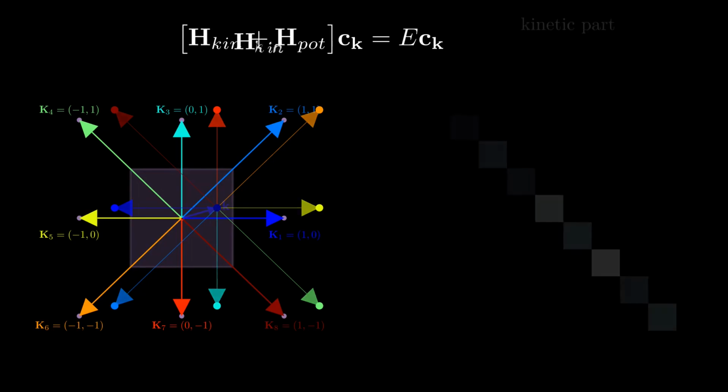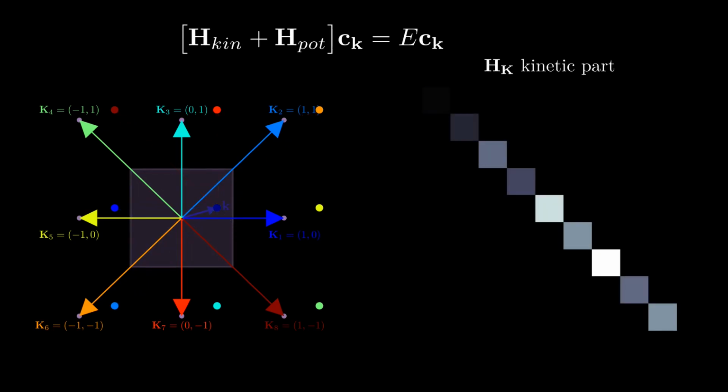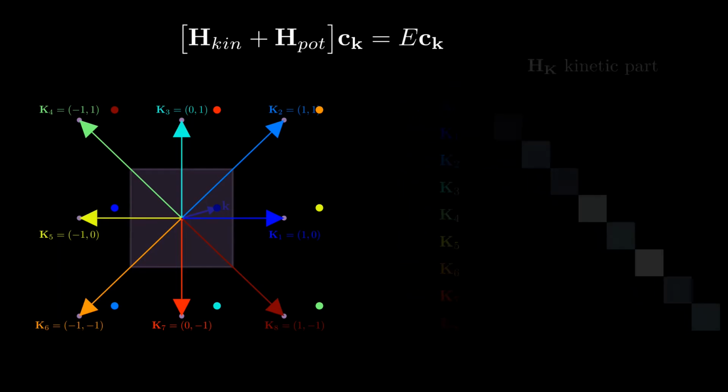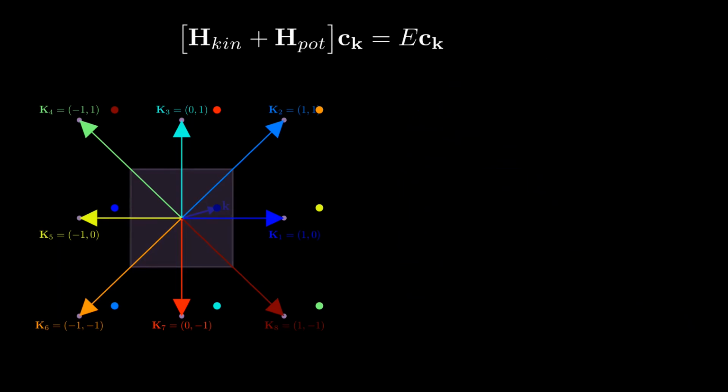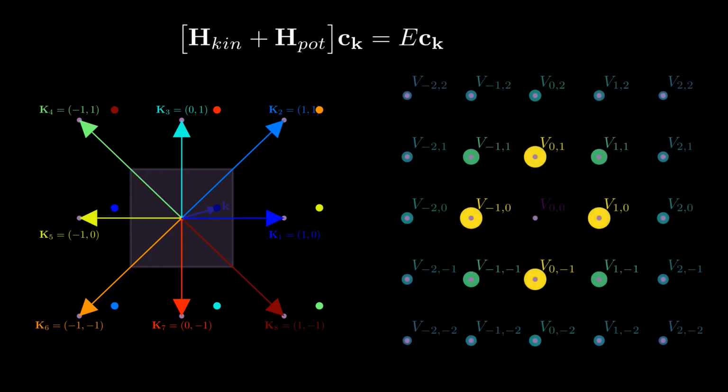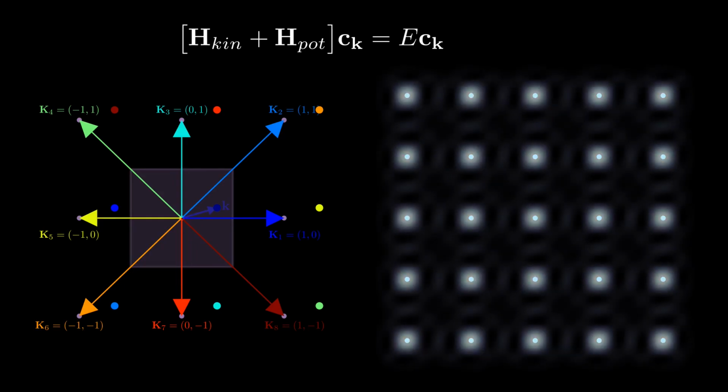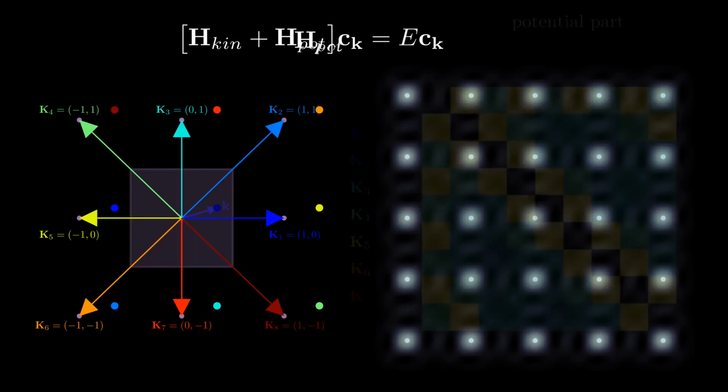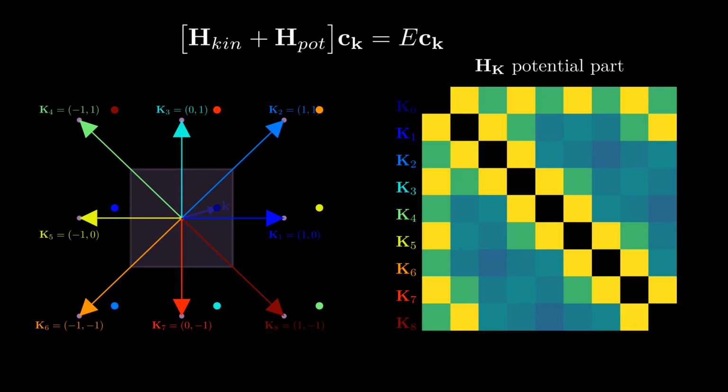The diagonal part of the Hamiltonian matrix are the kinetic energies of the plane waves, for which each entry can be labeled with its reciprocal lattice vector. Although this can be a complicated aspect of crystal physics, we'll assume some values for the Fourier coefficients of the electrostatic potential, which would correspond to the following potential in real space. The off-diagonal part of the Hamiltonian corresponds to the cross-coupling potential terms.